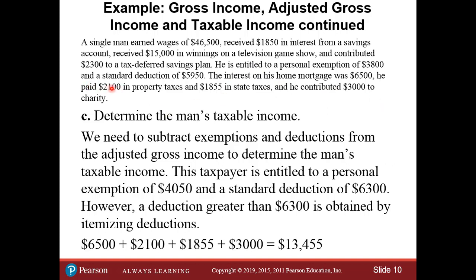He paid another $2,100 in property taxes, $1,855 in state taxes, and then he contributed $3,000 to charity. If you add up all of these amounts, he has an itemized deduction that's a lot larger than his standard deduction of $5,950. So we're not going to take this, we're going to take this.